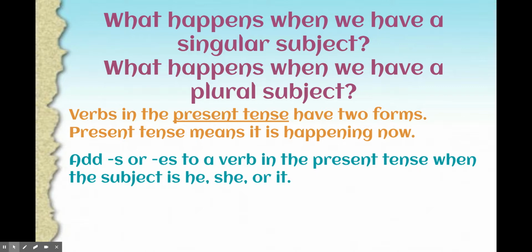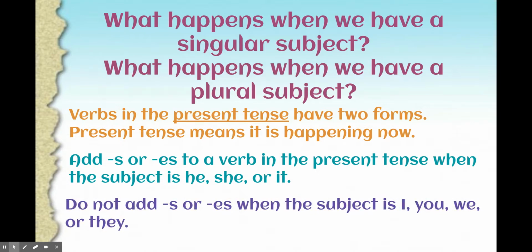We are going to add s or es to a verb in the present tense when the subject is he, she, or it. So he being one person, she being one person, it being one object. We add s or es to the verb.